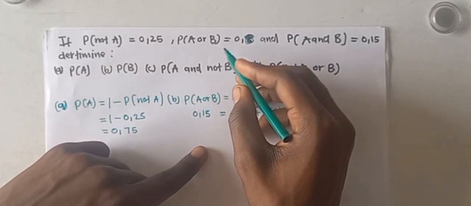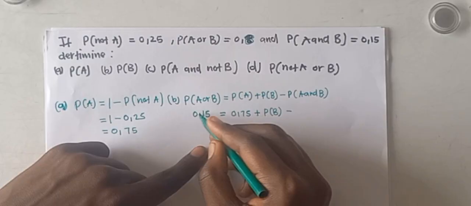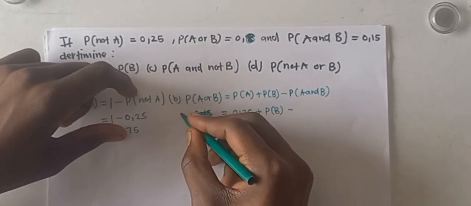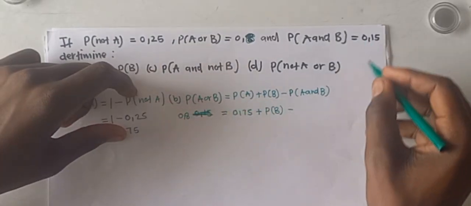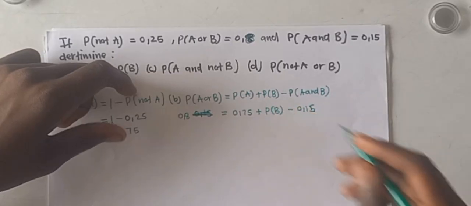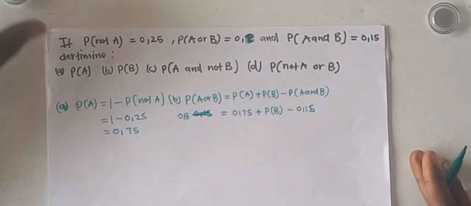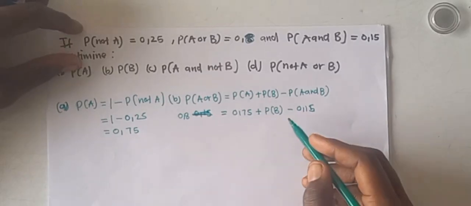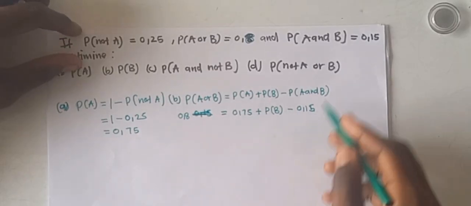The probability of A or B is 0.8, actually. Yeah, I made a mistake. This one is 0.8, and then this one is 0.15. I hope by now it's clear. From here on, guys, we just have to group the like terms. We take this to the other side.